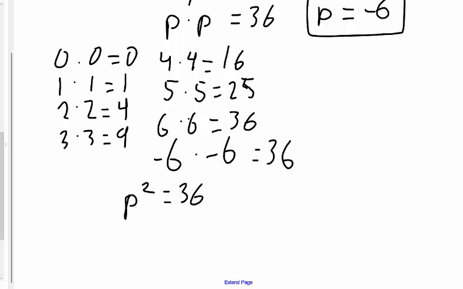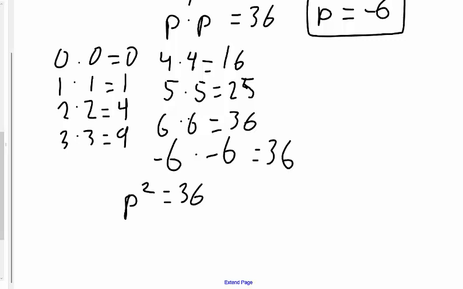The first commandment of algebra says what you do to one side of an equation, you have to do the exact same thing to the other side. We saw that with the fractions when we were multiplying by a special 1. Multiplying by 1 is the only exception, because multiplying by 1 doesn't change anything. But we have to do the exact same thing to both sides to keep it true.